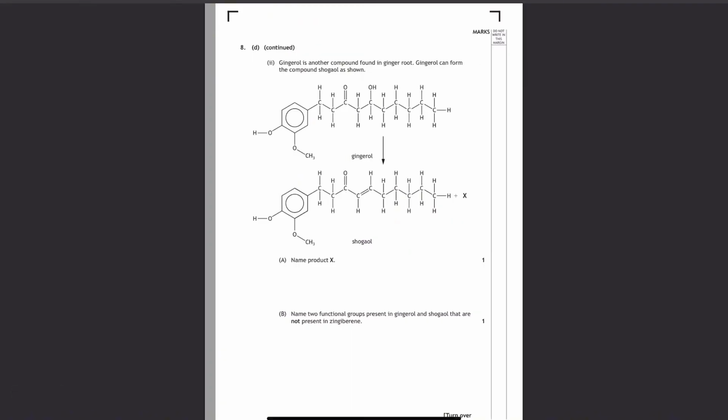Then naming product X. Now when you're naming products, what I always do is score out the stuff that you can see on both sides, because then it shows you what you're left with. So we can see that's the same. Then the CHs. Then there's that C double bond O. There's a C and an H, a CH.